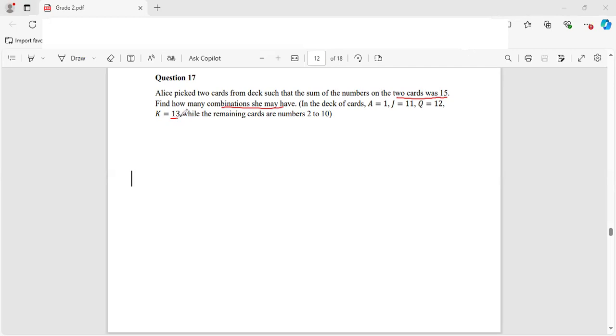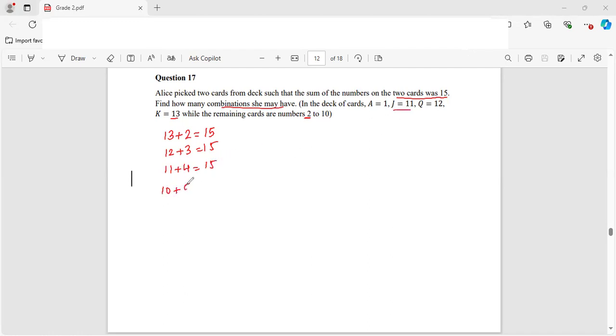The maximum that I have is a 13. So can I say I can have a 13 plus 2, because I have a number 2, which is 15. I have a 12 plus 3, which will give me a 15. Then I have 11 plus 4, which will give me a 15. 11 is the jack.